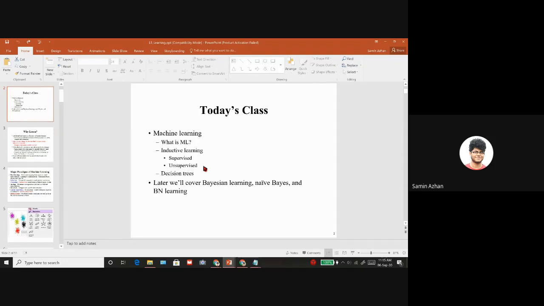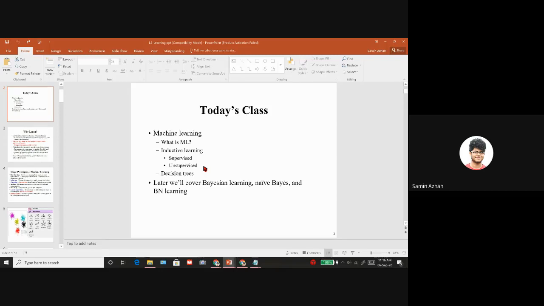Let's say you're trying to design a model that can identify a human and a dog from images. So you're trying to train a model that can differentiate between a picture of a human and a picture of a dog. So what are the features and what are the labels?